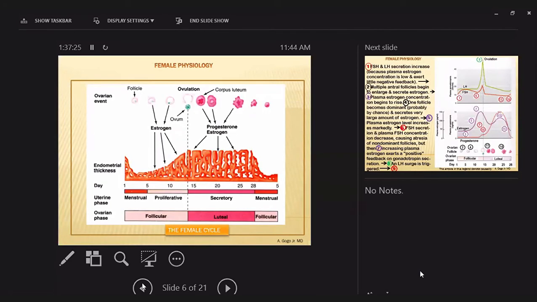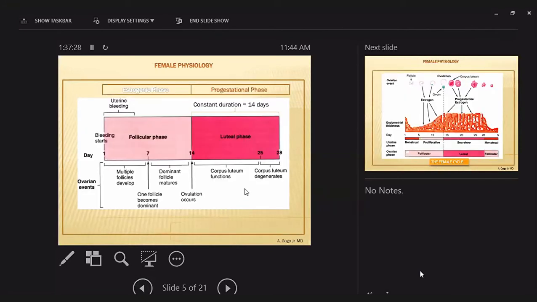After 25 days, your corpus luteum will degenerate. Now, if there is no fertilization that occurs at day 28, there is menstruation that takes place. And so the corpus luteum will degenerate and go back to basic 1, okay?